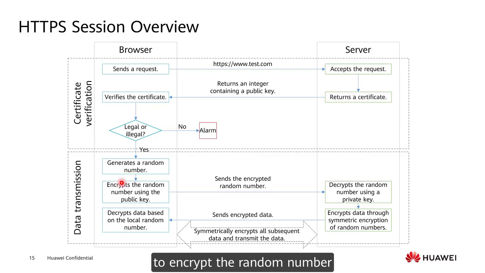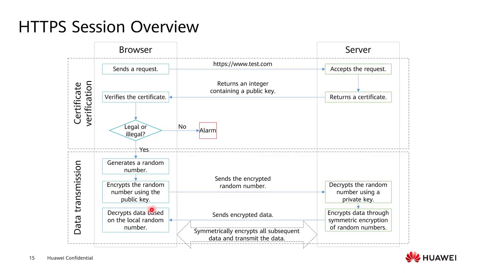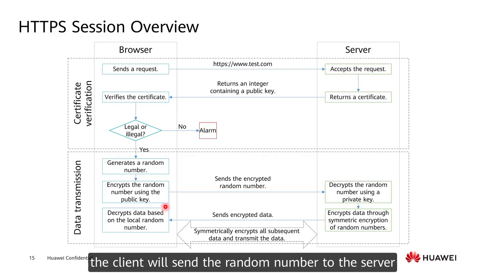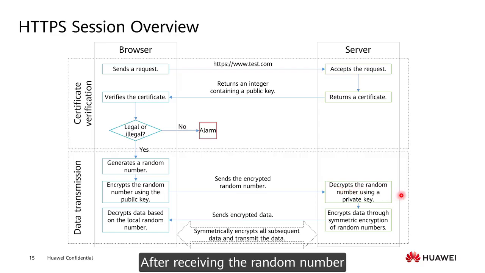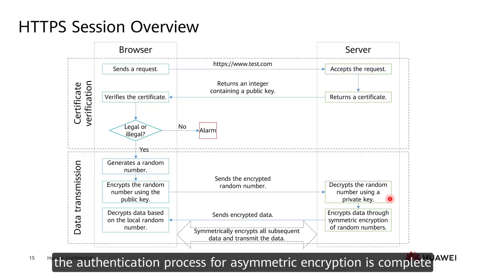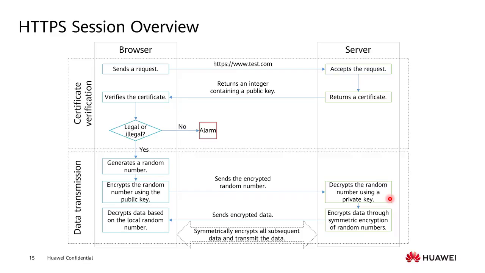to encrypt the random number. After encryption is complete, the client will send the random number to the server. After receiving the random number, the server uses the private key to decrypt the random number. At this point, the authentication process for asymmetric encryption is complete.